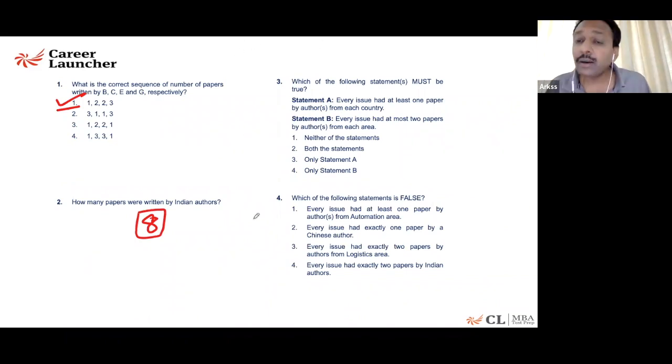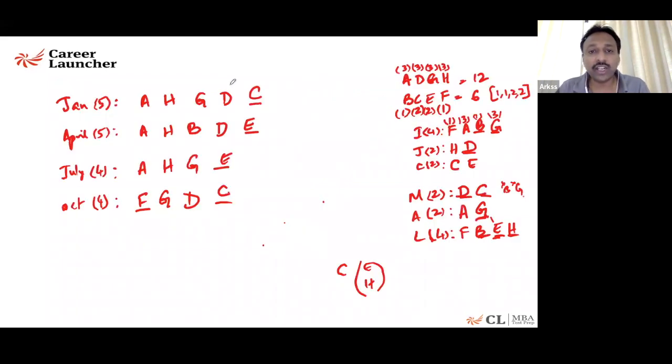Which of the following statements must be true? Every issue had at least one paper by authors from each country. Let's just check it out. A is A, H, D, G, D, C is there.